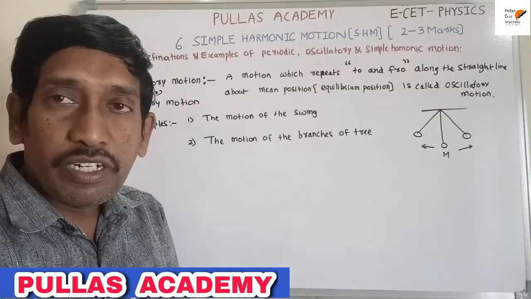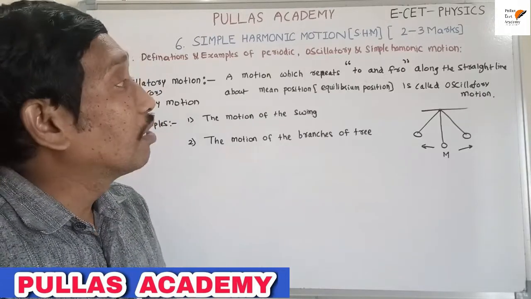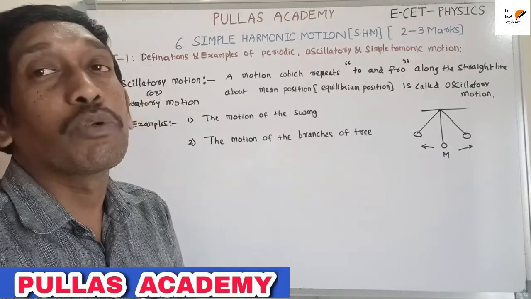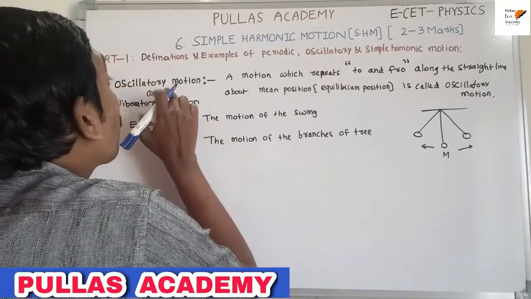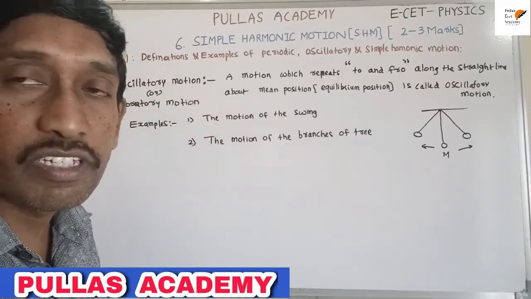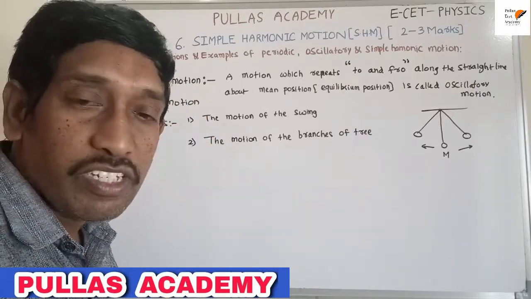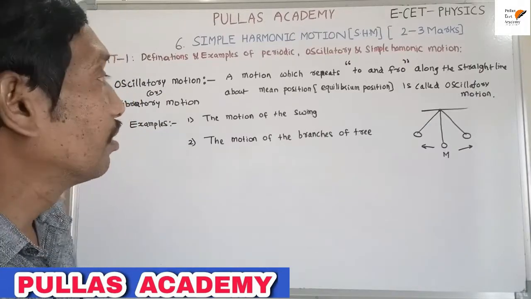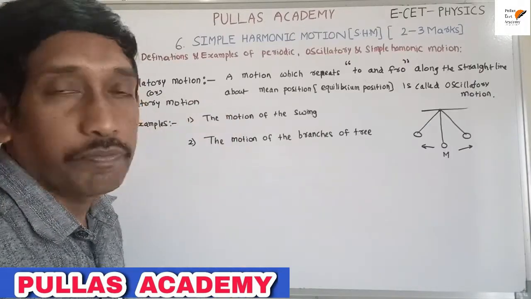If the object repeats to and fro about the mean position, that is called oscillatory motion. That's the difference between rotationary motion and translatory motion. So this is about oscillatory motion.